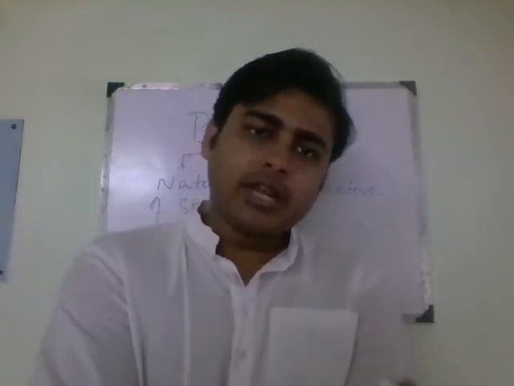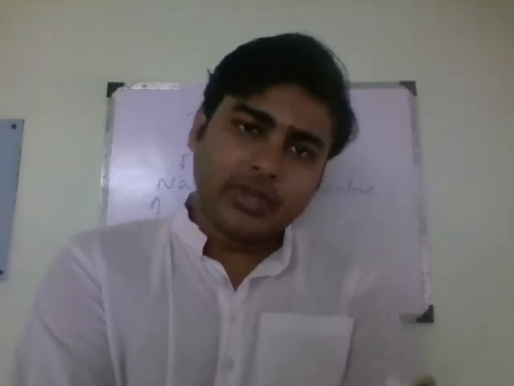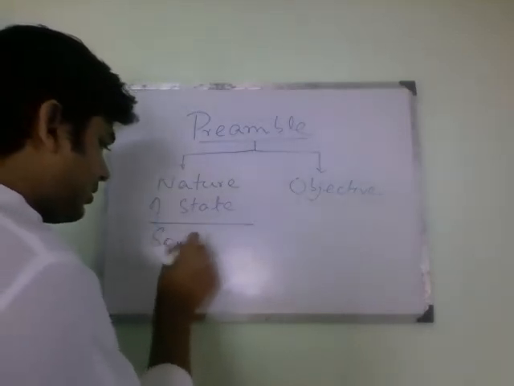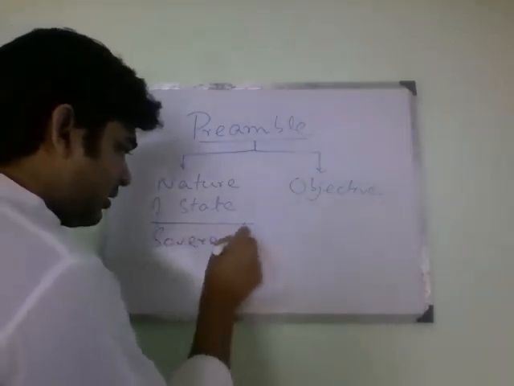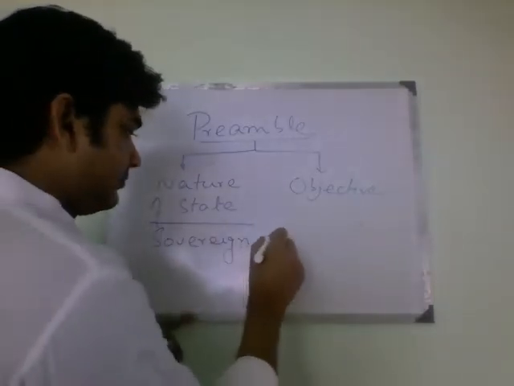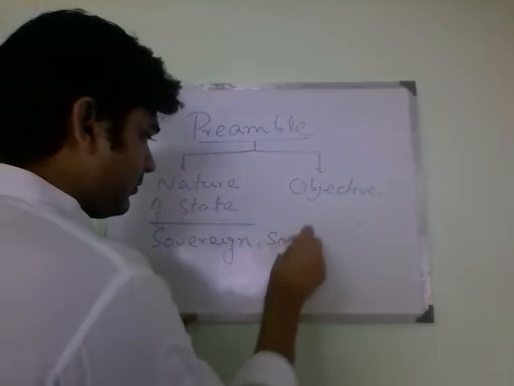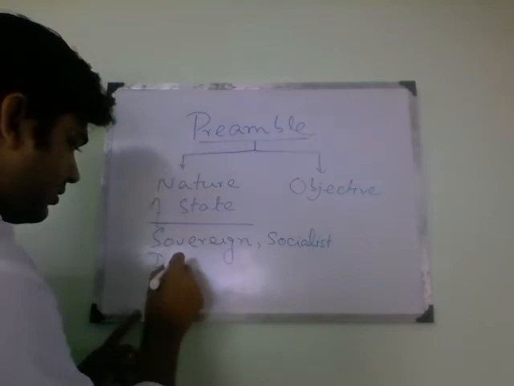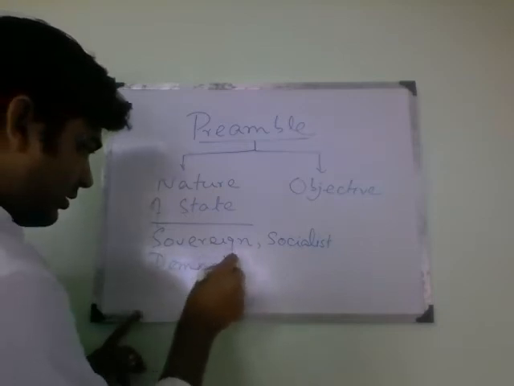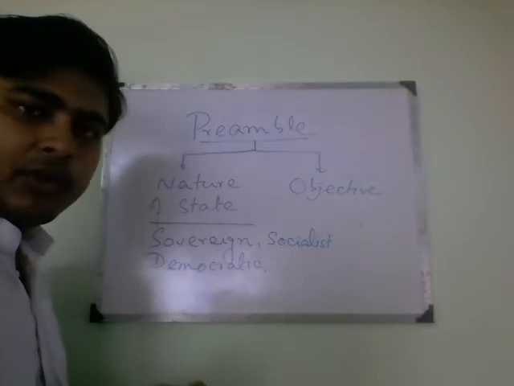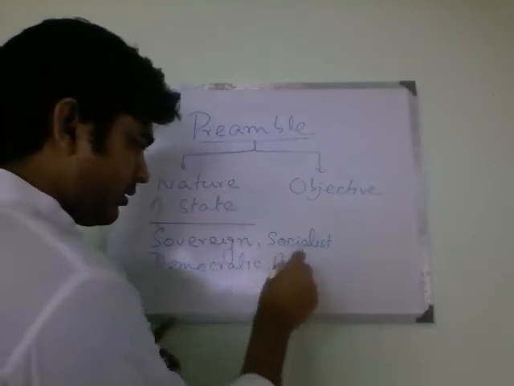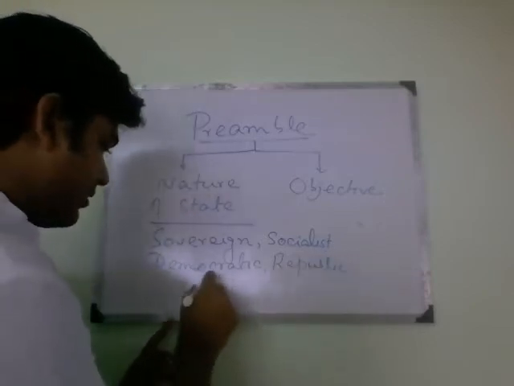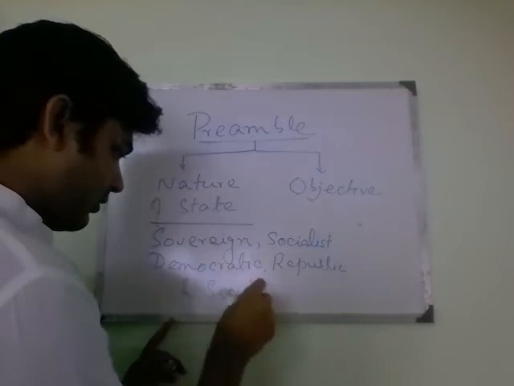There are 5 terms that have been mentioned as the nature of state. They are sovereign, socialist, democratic, republic, and secular.